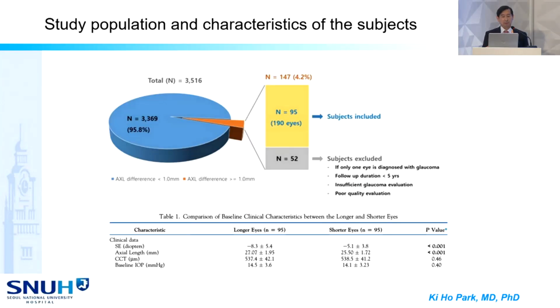About 4.2% were eyes with an axial length difference of more than 1 millimeter, and among them 95 individuals were included in this study. Their baseline intraocular pressure was not different between the longer eye and shorter eye.